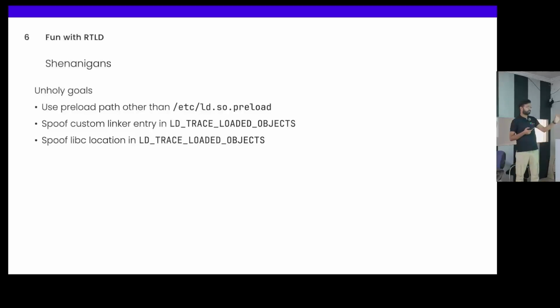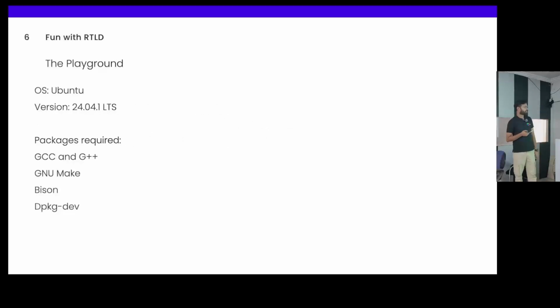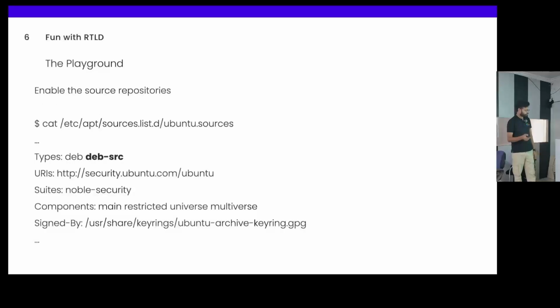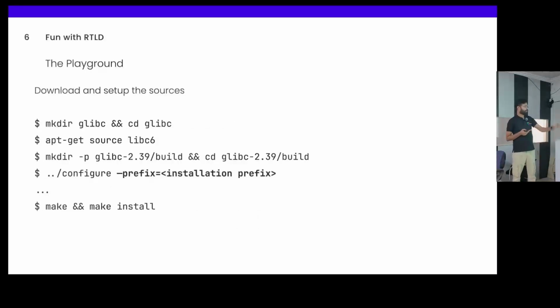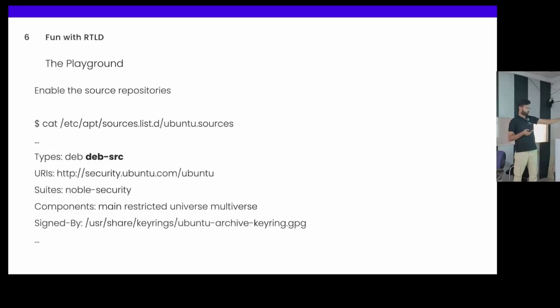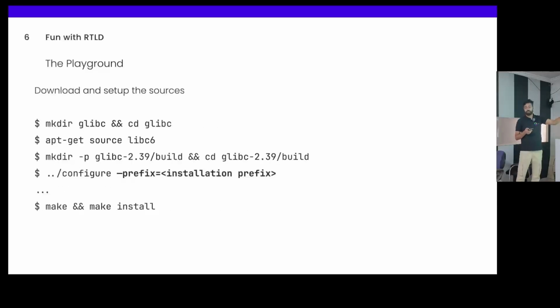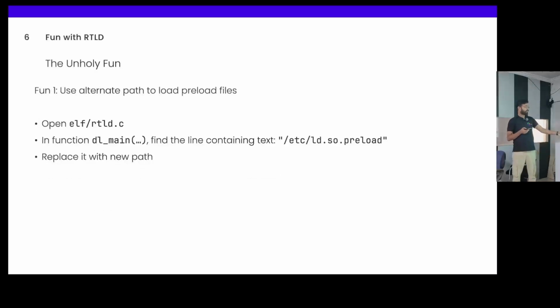And then once we are able to control this RTLD, we can do some stuff like this. There are some steps that I have given that you can actually replicate and see happening on your Ubuntu machine right in front of your eyes. So basically what I am doing, I enable the source code repositories because, well, it is open source. I download the source code, then I build everything without any modification, just as a sanity check that I am actually able to build it.